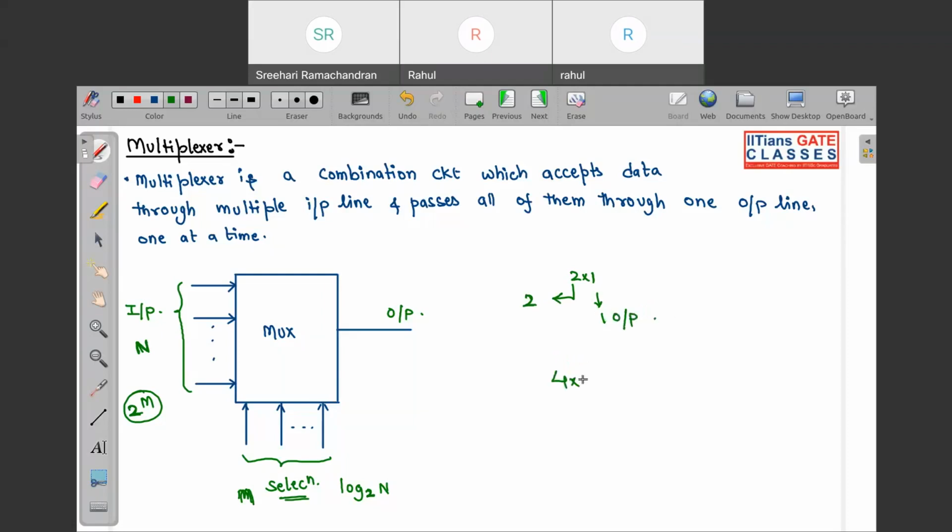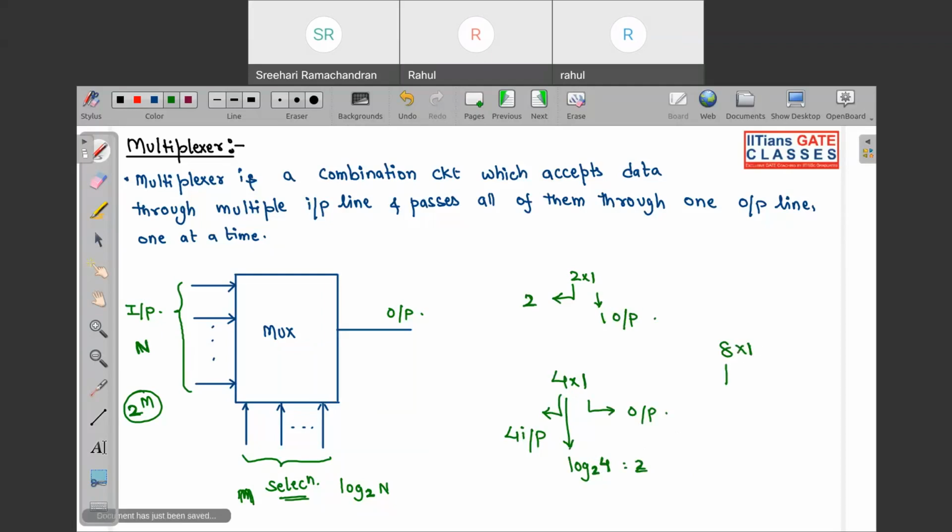Then we have 4 cross 1. In 4 cross 1 we have 4 inputs and one output, so the selection lines will be log 4 base 2, which is 2. Then we have 8 cross 1.